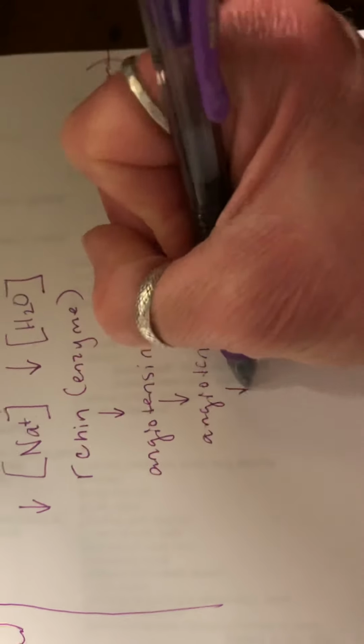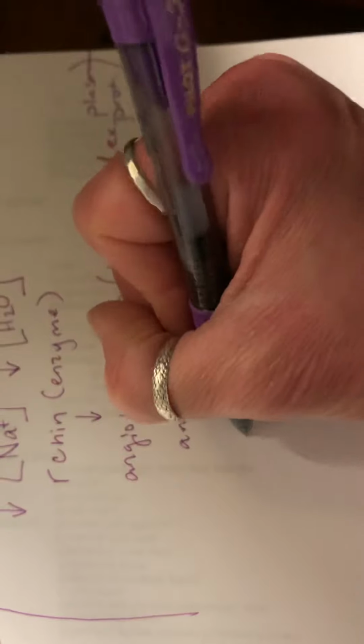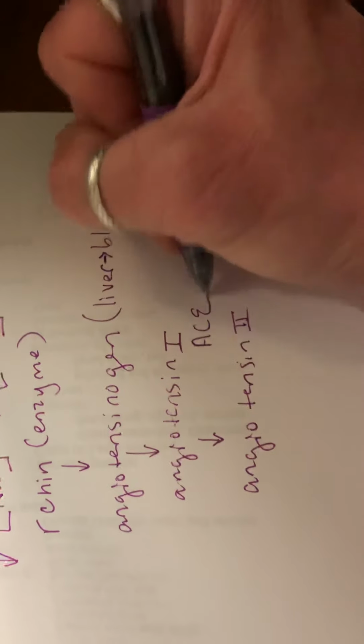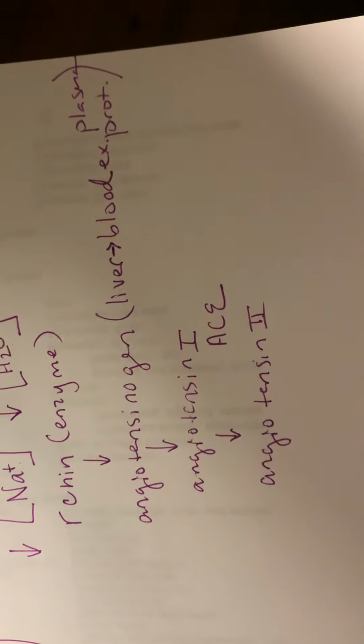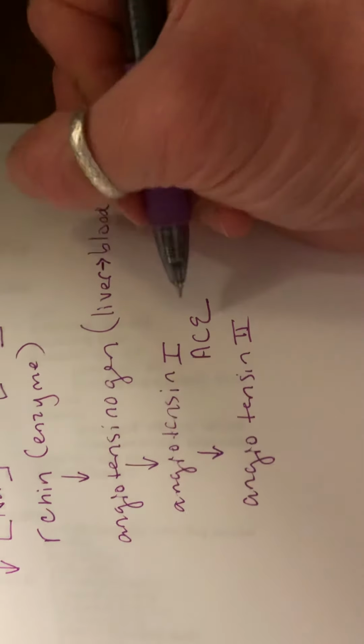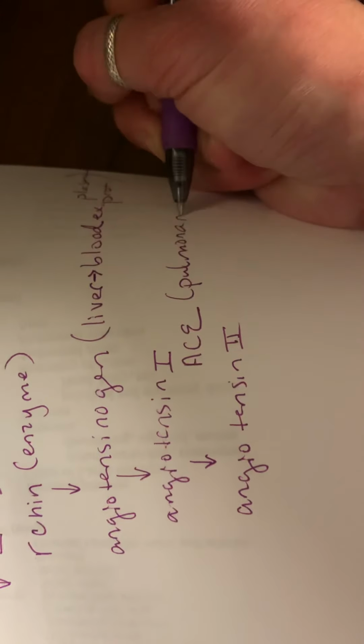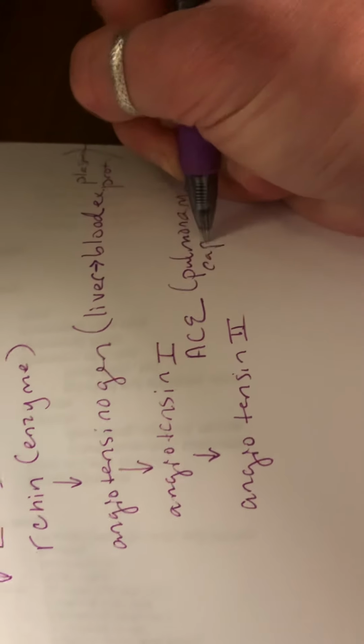And it's still going through the circulatory system, so it goes through the pulmonary capillaries, and in the pulmonary capillaries, it's converted to angiotensin 2 by our angiotensin converting enzyme. So that's what the ACE stands for, and of course you need to know that that's happening in the capillaries of the lungs.